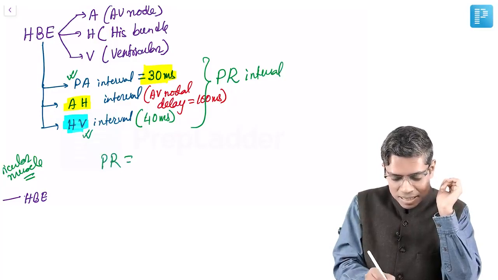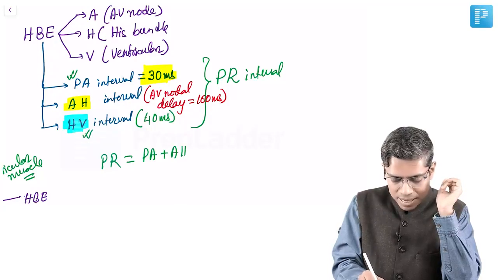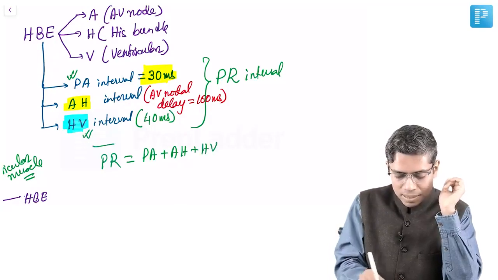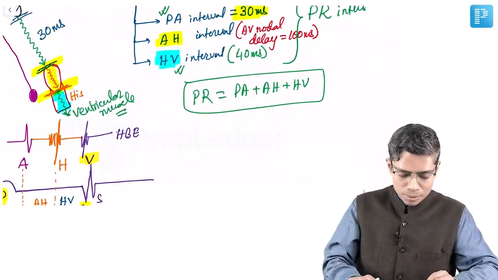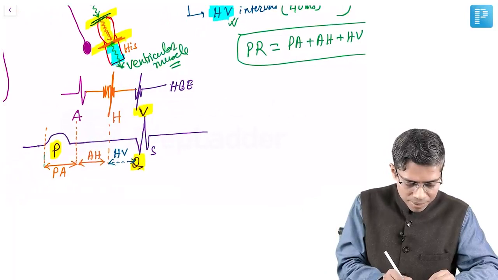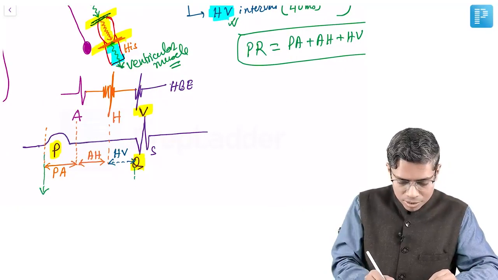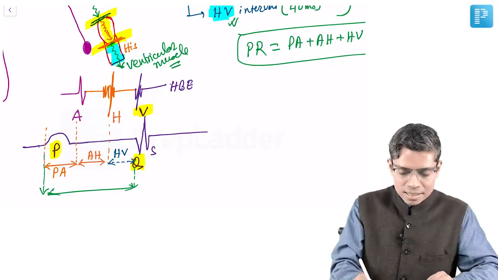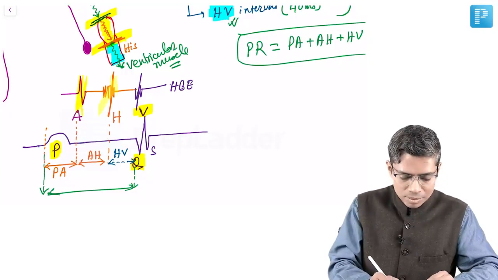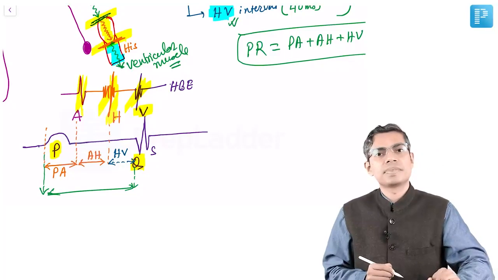So PR interval is nothing but PA plus AH plus HV. If you combine these three, you are going to get a PR interval, because all of you know PR interval is starting from onset of P wave up to the onset of QRS complex, and in between all these things are happening, that is generation of the A wave, generation of the H wave, generation of the V wave.